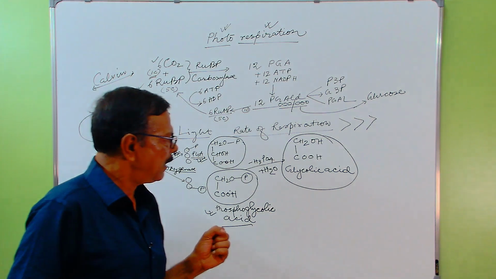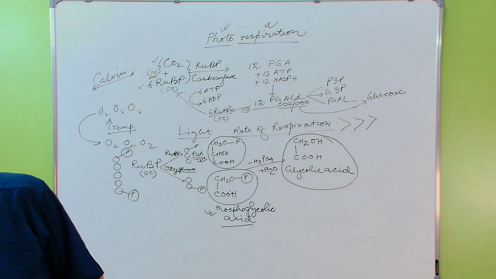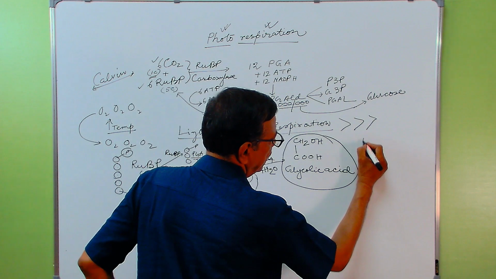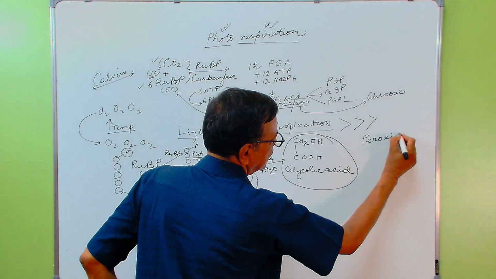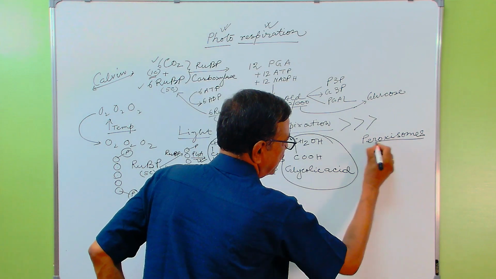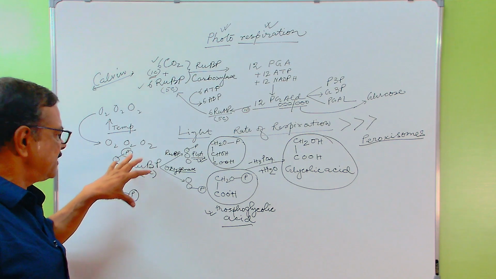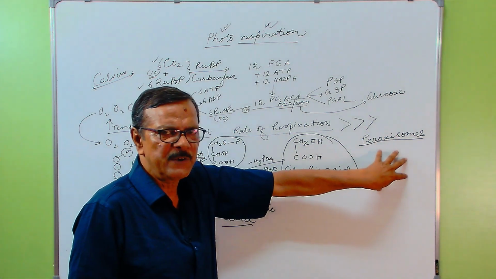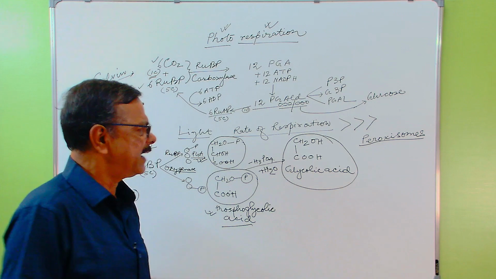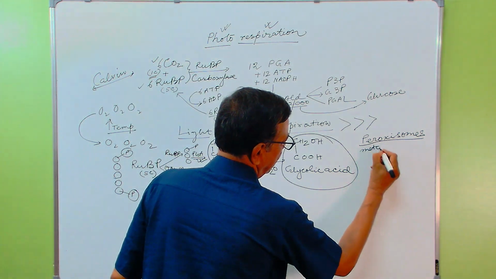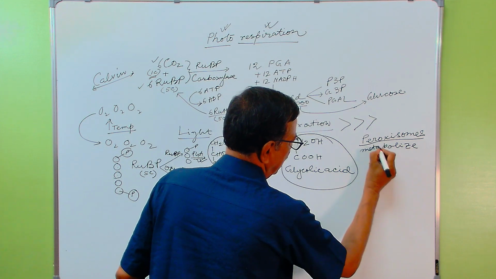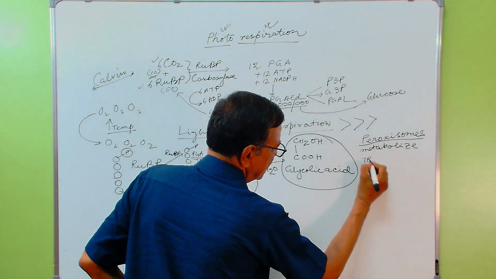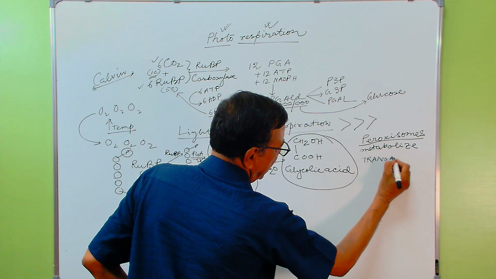Clear up to this? Now this glycolic acid reacts with peroxisomes. Peroxisomes are present in the mesophyll cells, where this RuBP and the others are. The peroxisome metabolizes the glycolic acid with an enzyme, transaminase.